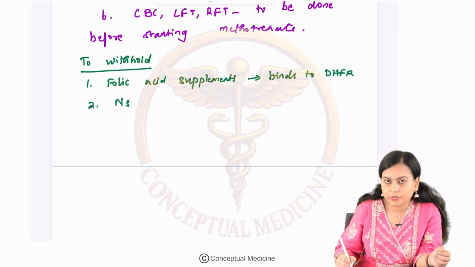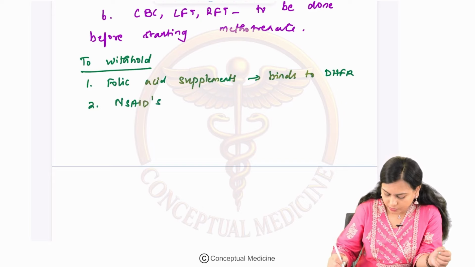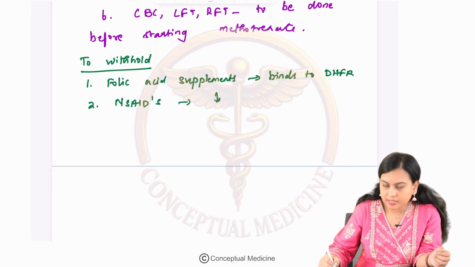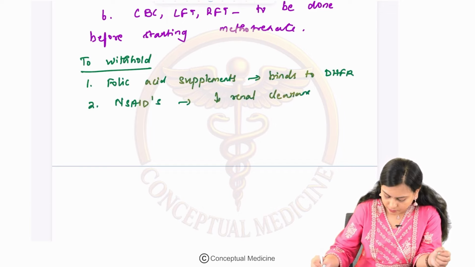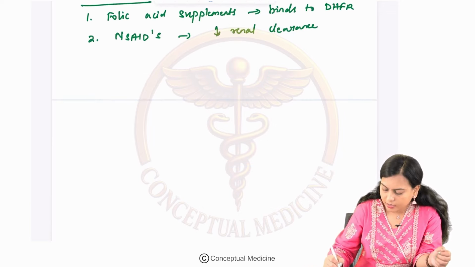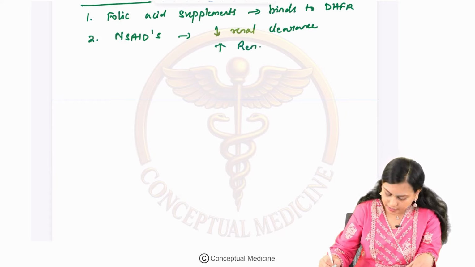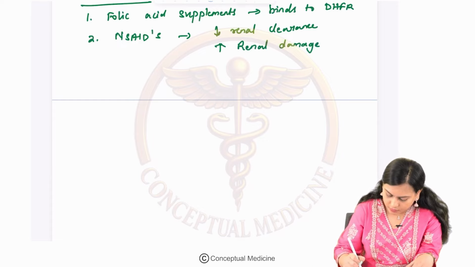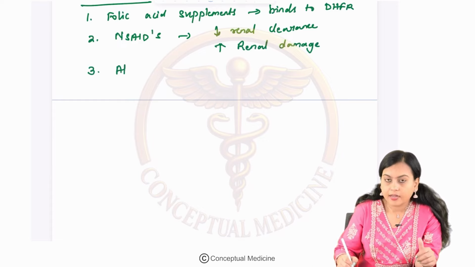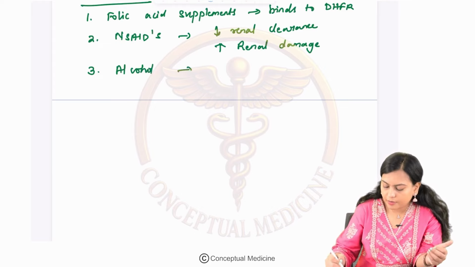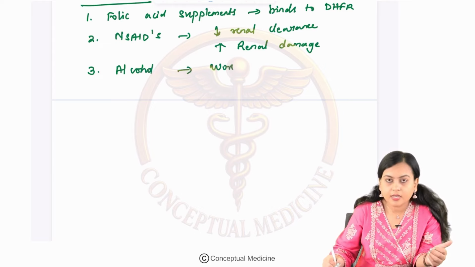Next, you have to stop NSAIDs also, because they decrease the renal clearance of the drug, and hence it may increase the renal damage. Alcohol should also not be taken because it can worsen the liver function.